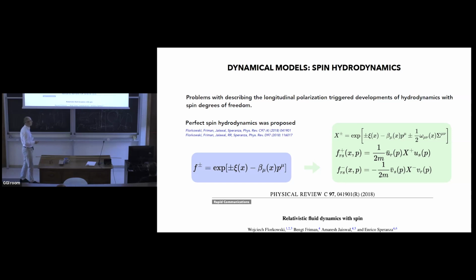This gave rise to a proposal of so-called spin hydrodynamics, and this was first done in this paper in 2018. The idea was that you can take distribution functions and generalize them to the spin density matrices, and then in the formulas which you can find in equilibrium, where usually one would expect the thermal vorticity to be present, now you can exchange it.